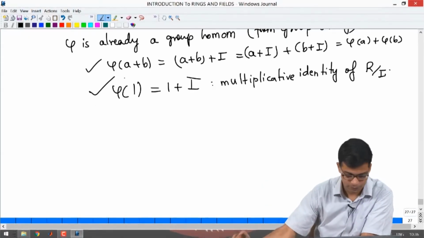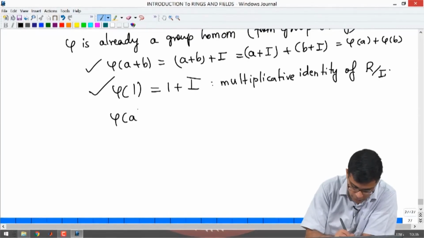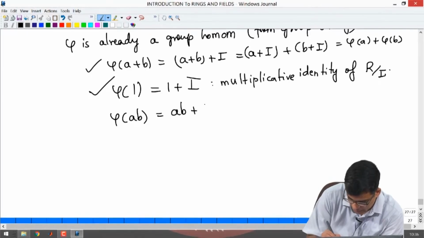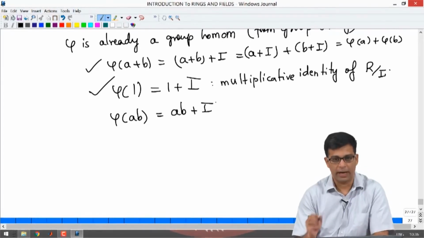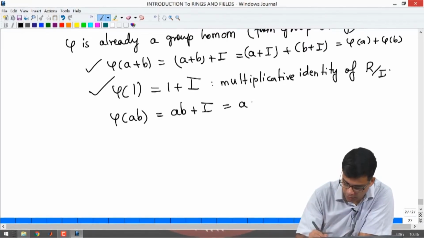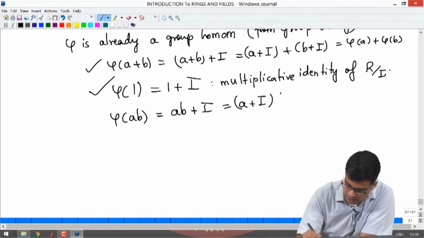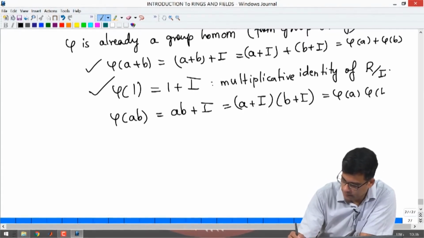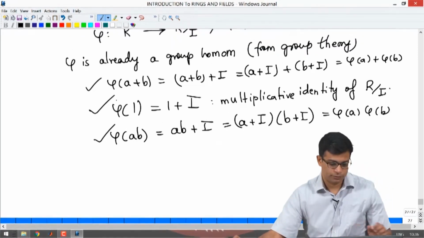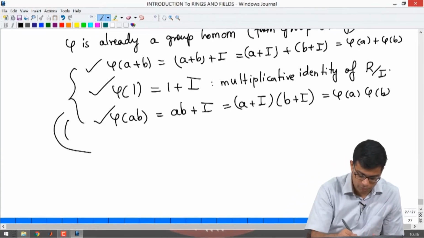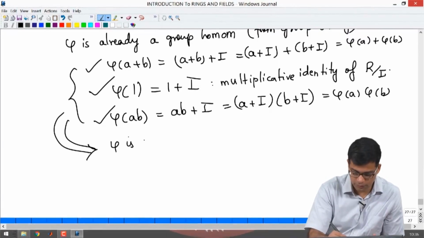So, that is fine. Finally, what is phi of ab? Phi of ab is by definition ab plus I, but by definition of the multiplication in R mod I, ab plus I is same as a plus I times b plus I, which is same as phi a phi b. So, phi is a ring homomorphism. All these properties imply that phi is a ring homomorphism.